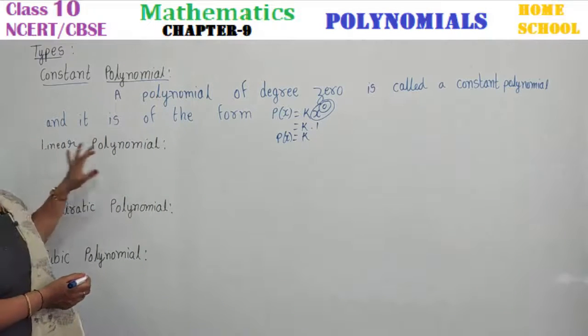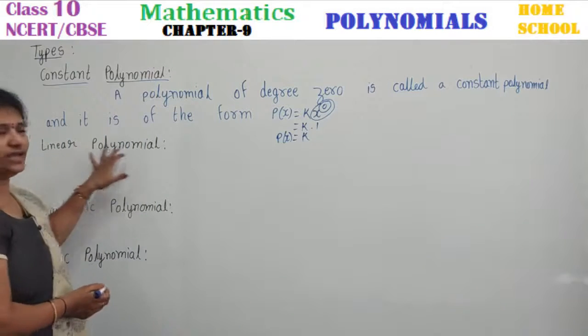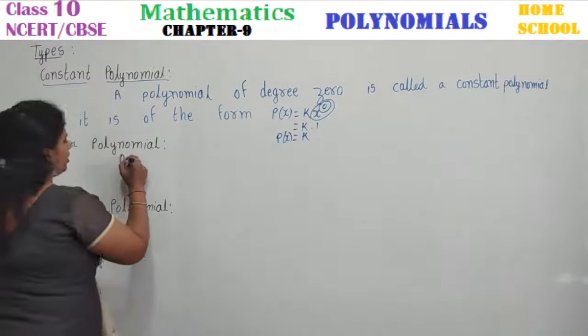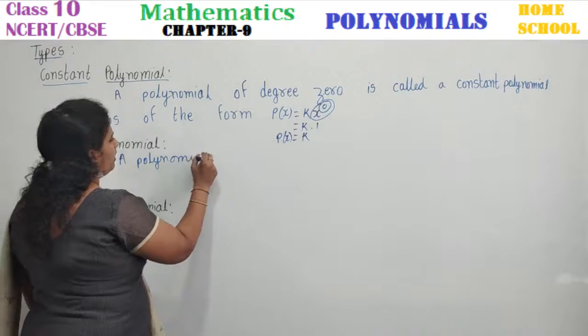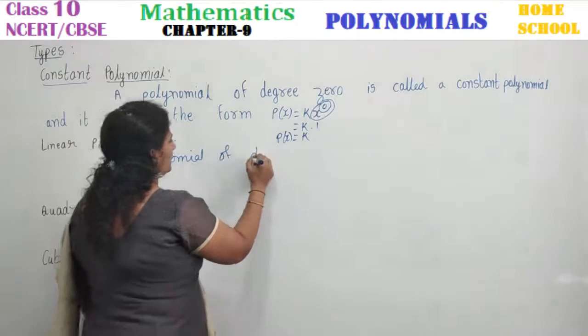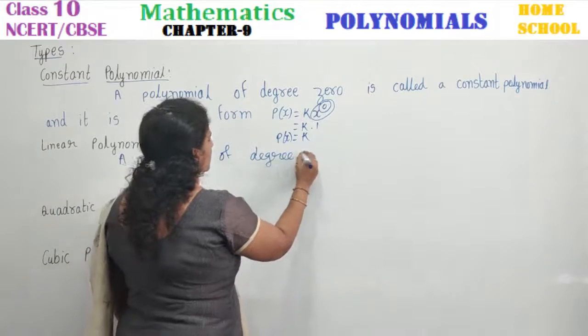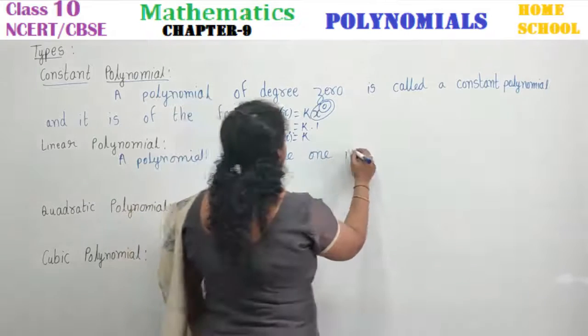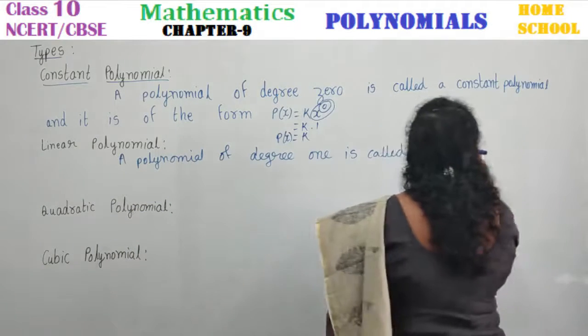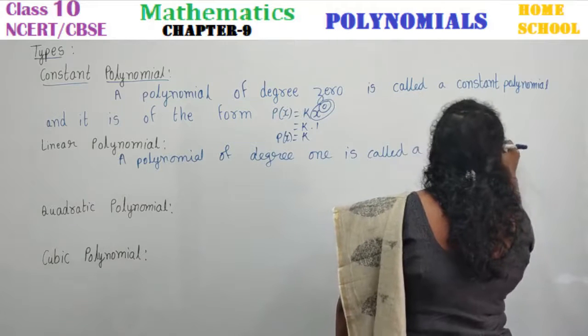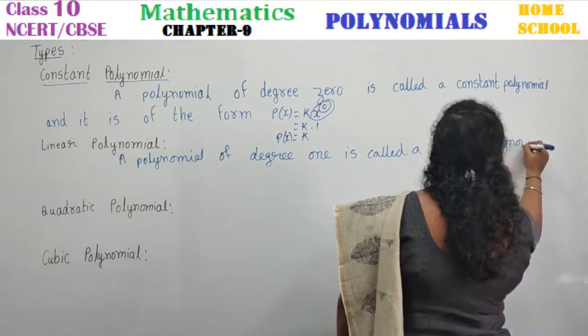Similarly, linear polynomial. What is a linear polynomial? A polynomial of degree 1 is called a linear polynomial.